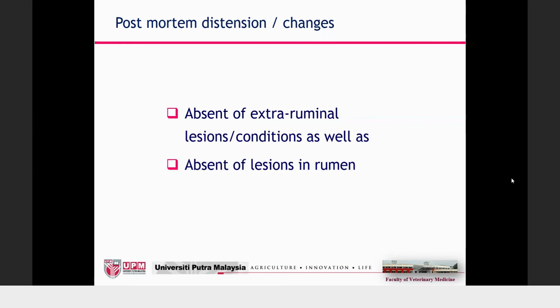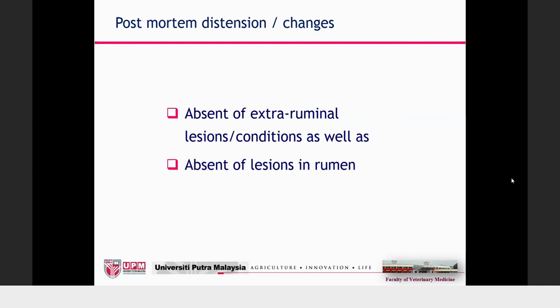So you have to make sure whether there is only a postmortem change or an agonal change. The concept is that there is no tissue response to injury, because if there is a blood clot in the trachea from agonal change, you expect to see that the epithelial lining of the trachea is normal, with no congestion and no hemorrhage.